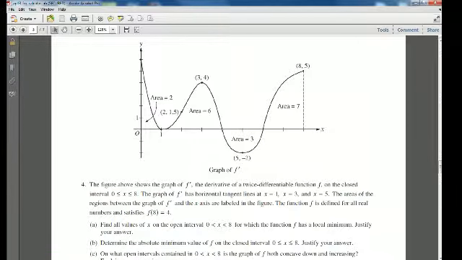How do I identify min and max? Remember, a minimum starts negative, goes positive, right?